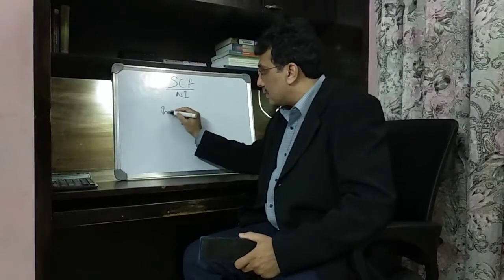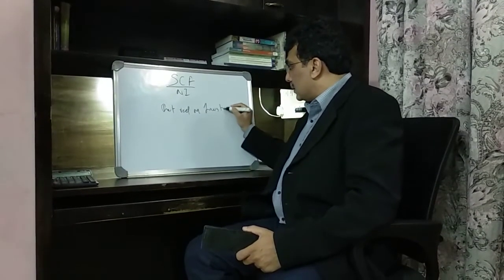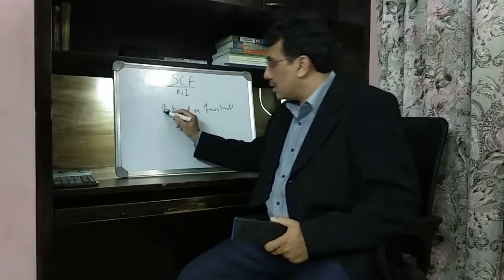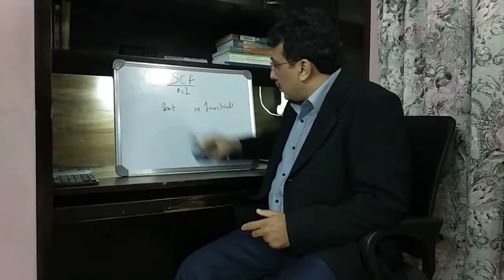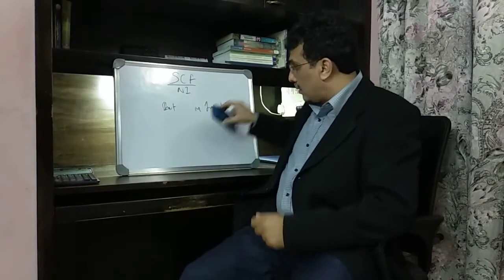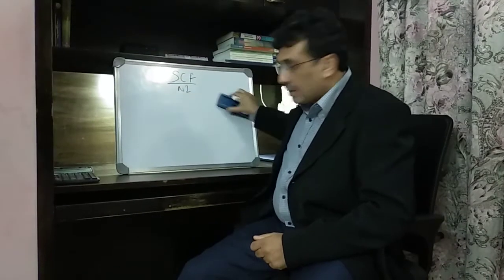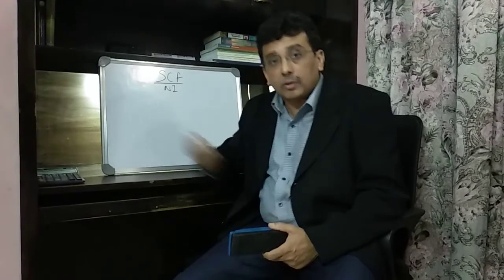Okay, now, interest received on investments. Fine, interest received on investments. So when are you going to receive interest on investments? When you're invested in a bond, right? When you're invested in a bond, you receive interest on those bonds.